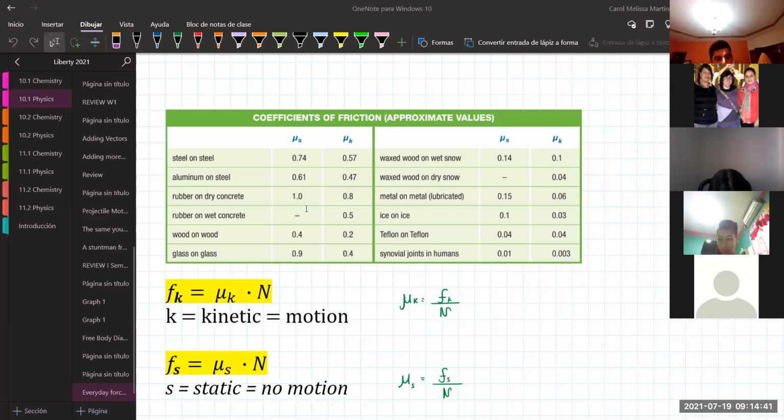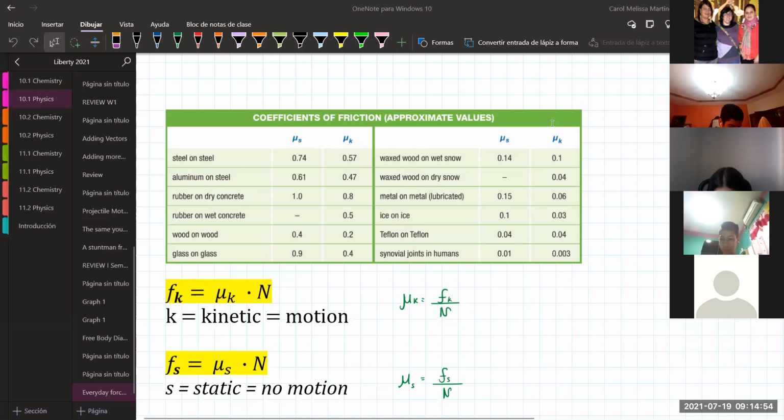So you don't get it, just get the kinetic one. It also happens with dry snow. The static does not work for us, so you just get the one that is on the table.